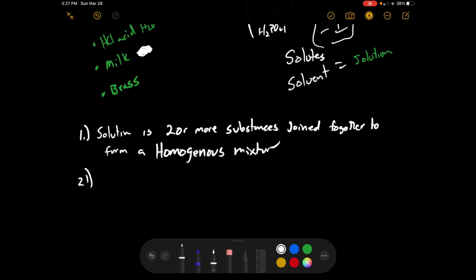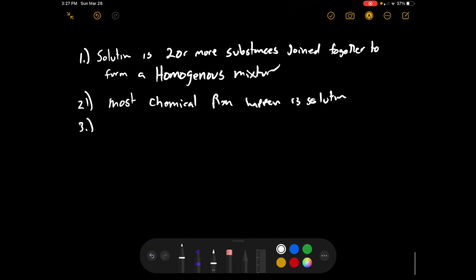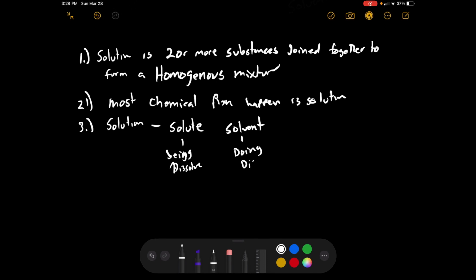You should have learned that most chemical reactions happen in solution. You should have learned that a solution is made up of a solute and a solvent. A solute is being dissolved, and a solvent is doing the dissolving.